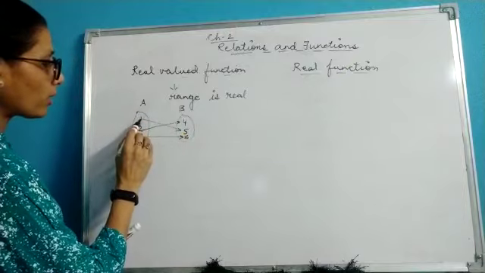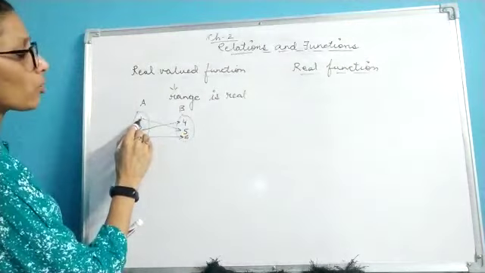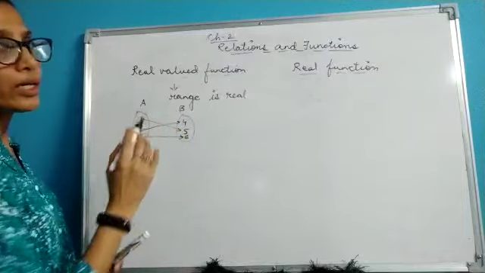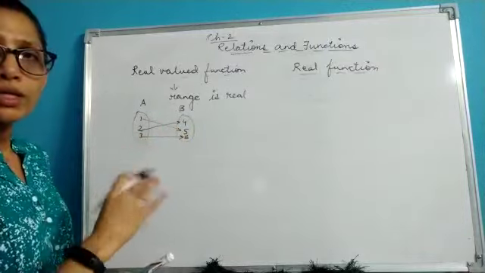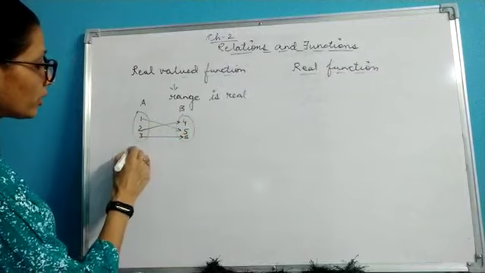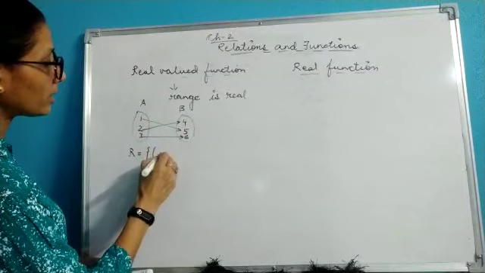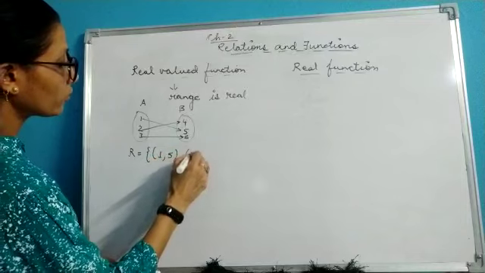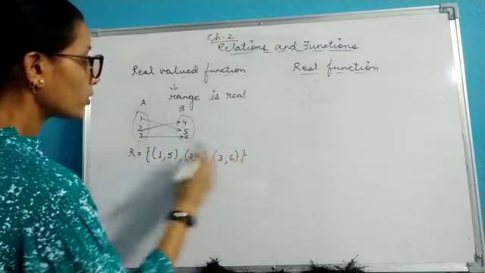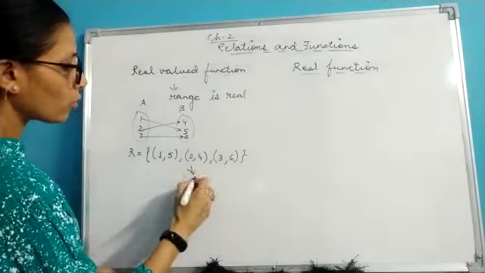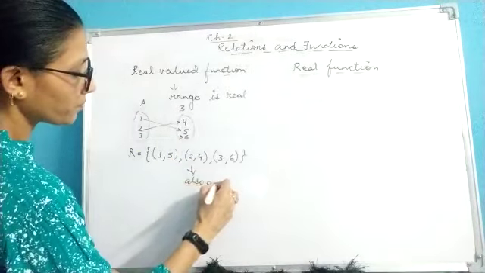That means each element of set A is related to one element of set B. So this is known as 1 to 1 mapping. So the relation here can be defined as (1, 5), (2, 4), (3, 6). And this relation is also a function.